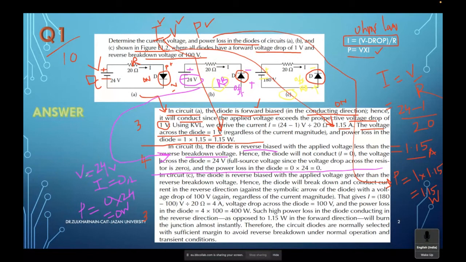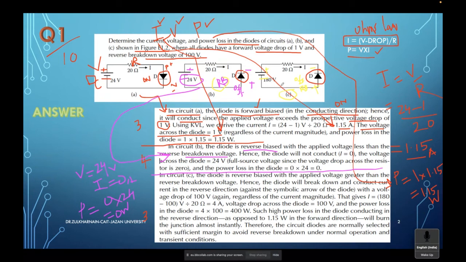In the second circuit the voltage is 24 volts, because if the supply voltage is less than the breakdown voltage, that voltage will come here. But in this case, 180 volts is more. Because 180 volts is more than 100 volts, this diode should have 100 volts, but this is more voltage.